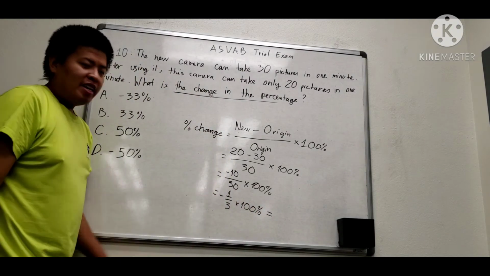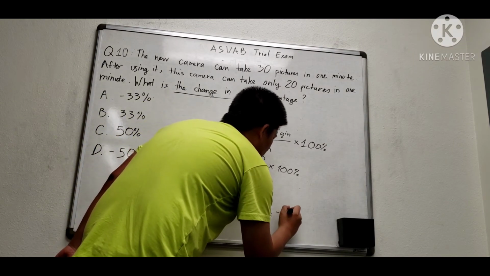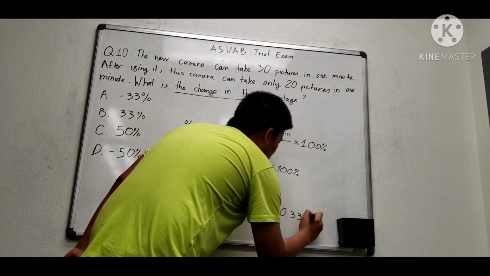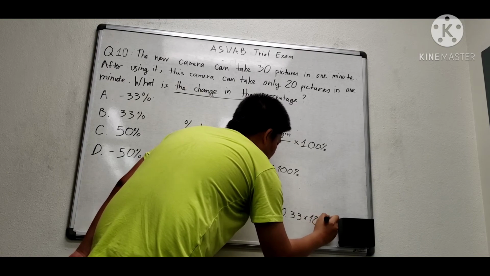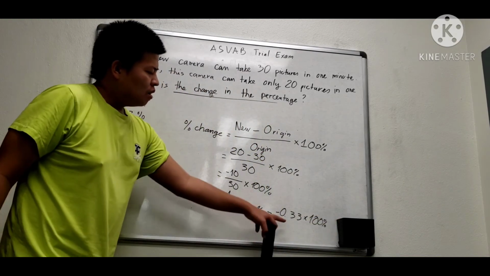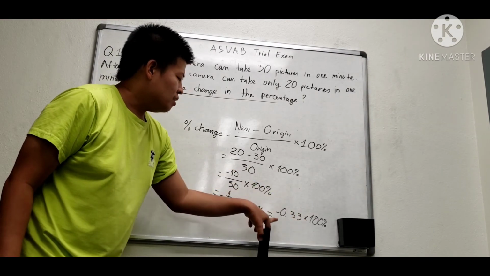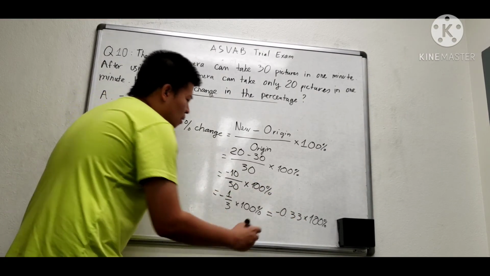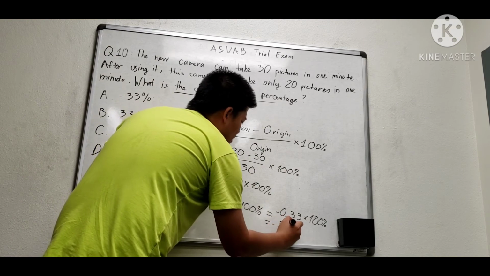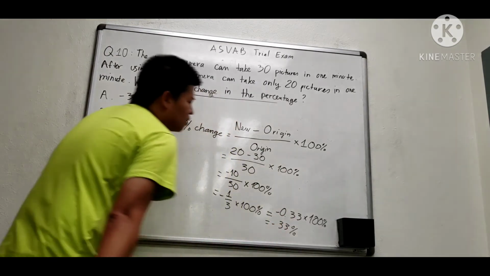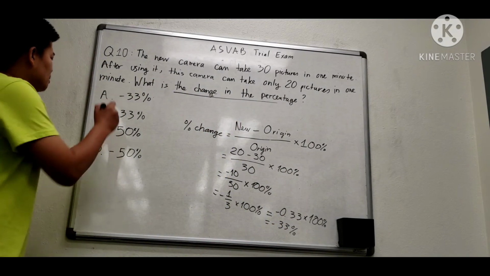One divided by 3 is minus 0.33. Multiply with 100%. 0.33 multiplied by 100%, but you have the minus sign, so you get minus 33%. So the answer for the question is A.